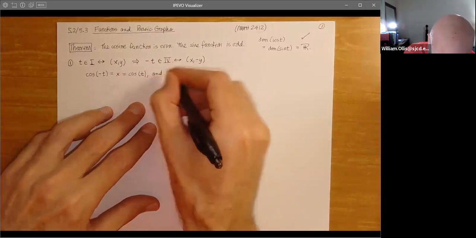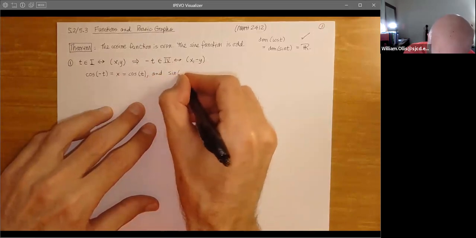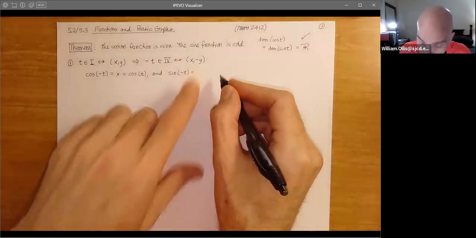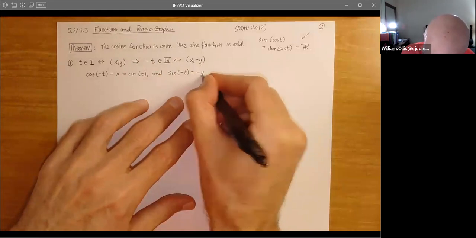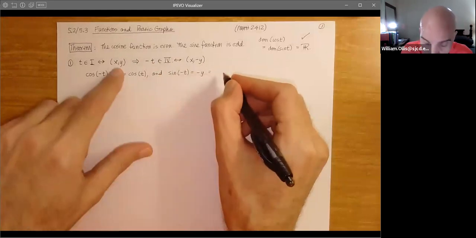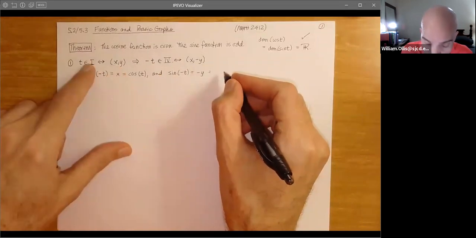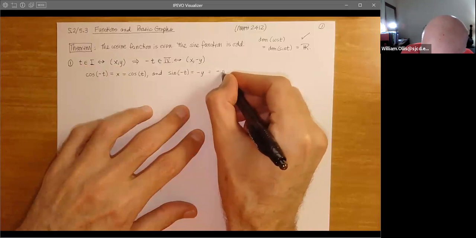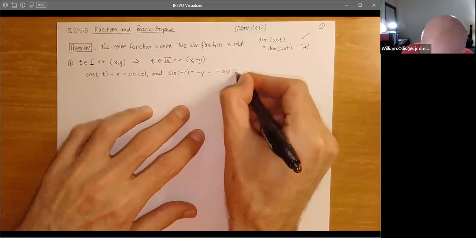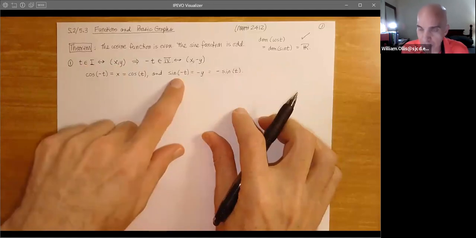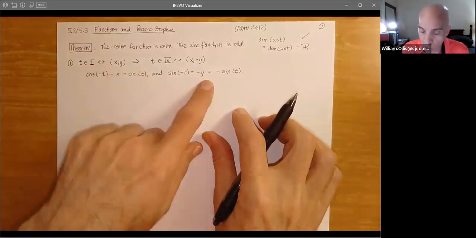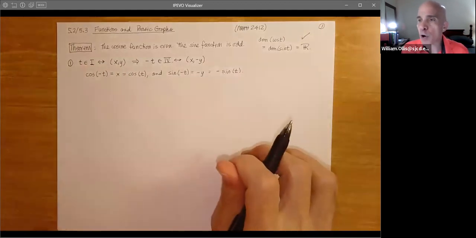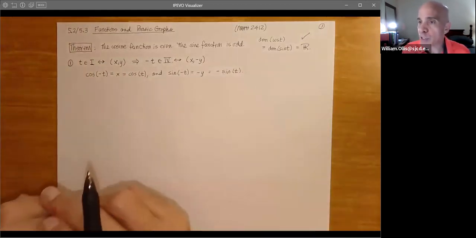And sine of the additive inverse of T will be negative y. But that equals, again, the negative of sine of T by definition. So now we see that the sine function, at least in the first quadrant, is odd because of the negative factors. So the arithmetic we've already established makes these proofs very straightforward.